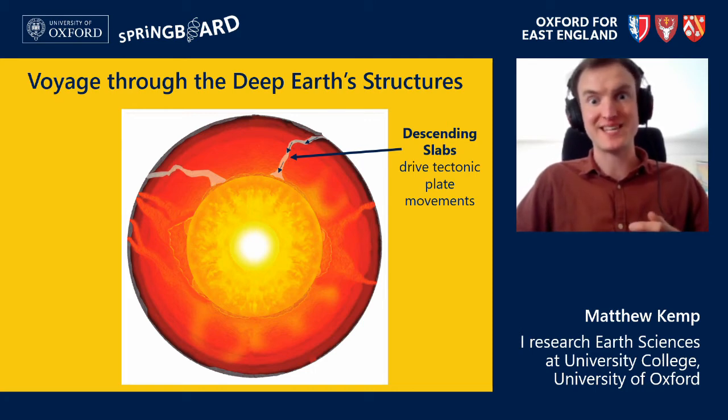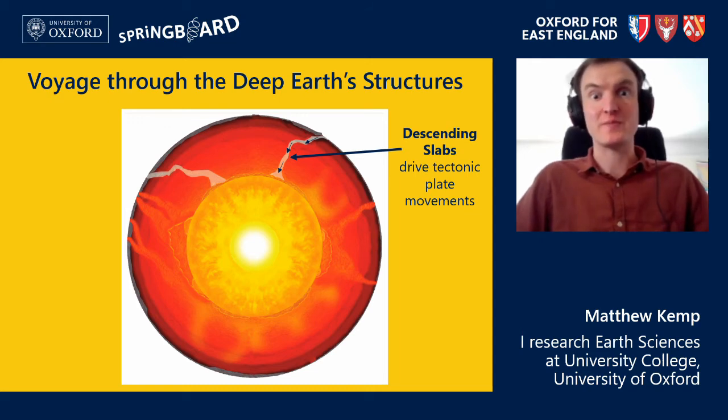They will then keep descending down into the mantle, and these are called slabs. And we can image them using seismic waves because these slabs are often colder, and therefore the seismic waves travel faster through them. So they're those blue bits in those sort of X-ray models that I showed earlier.